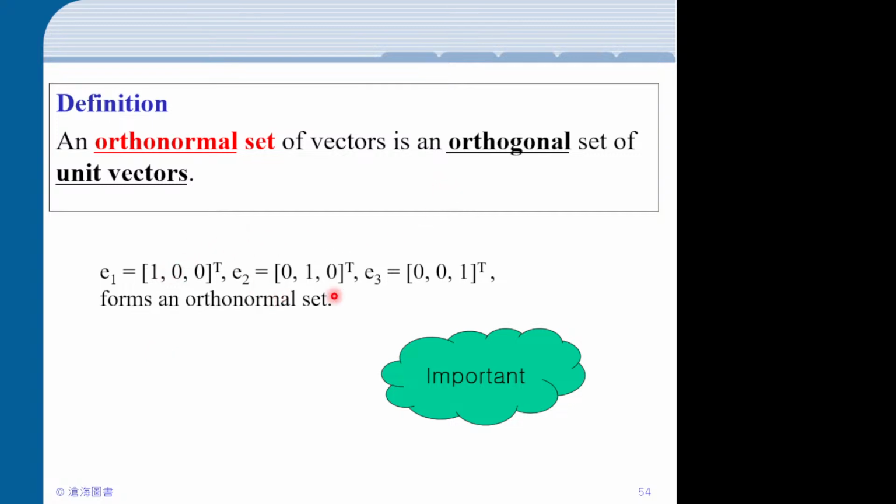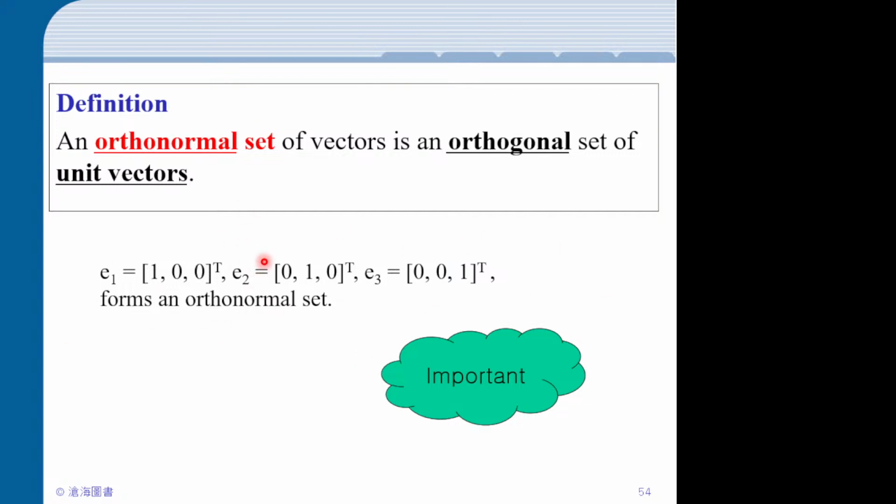These E1, E2, E3 are orthogonal to each other because when you take the inner product, you are just summing over 0, 0, 0, because 1 only hits 0 and 0 only hits 1, etc. They are also unit vectors, because 1 squared and taking the square root is still 1. So this is also an orthonormal set.